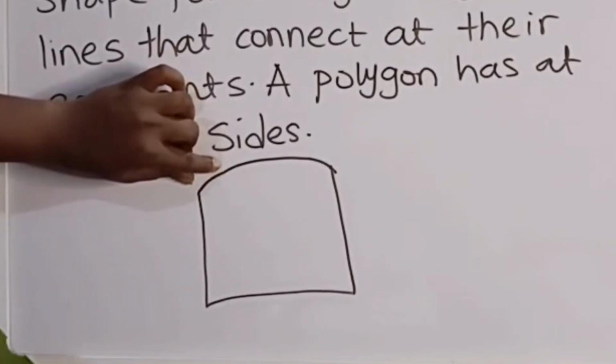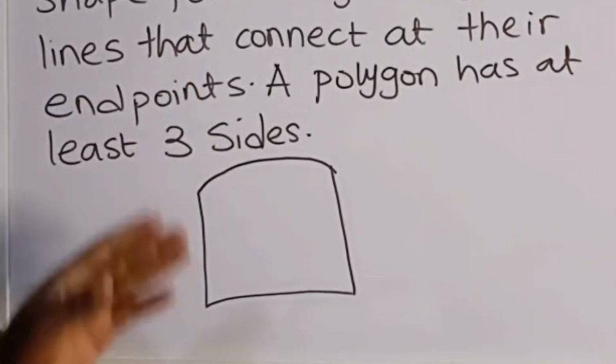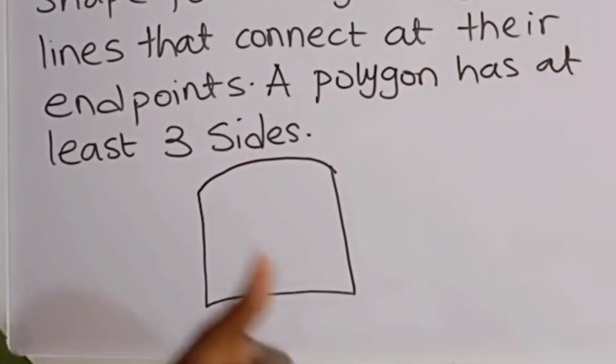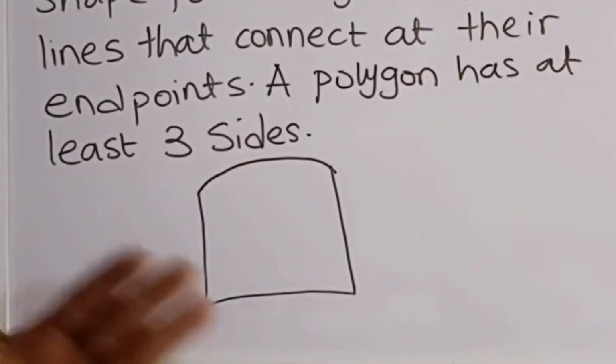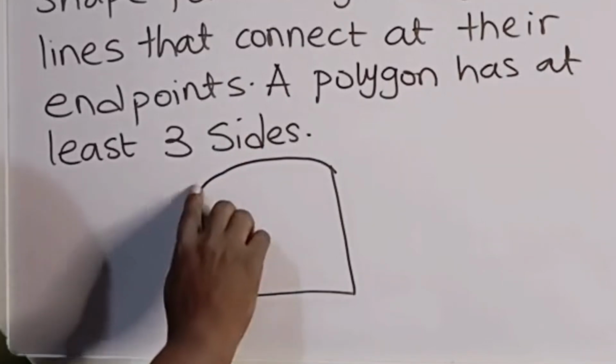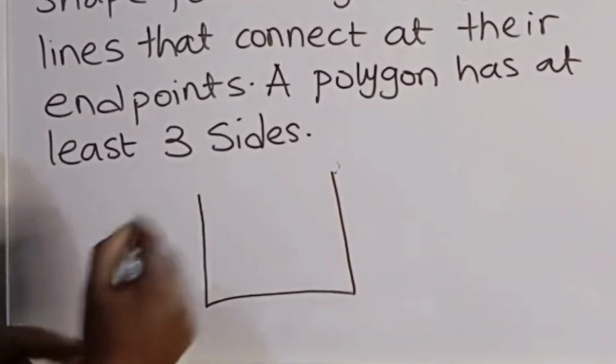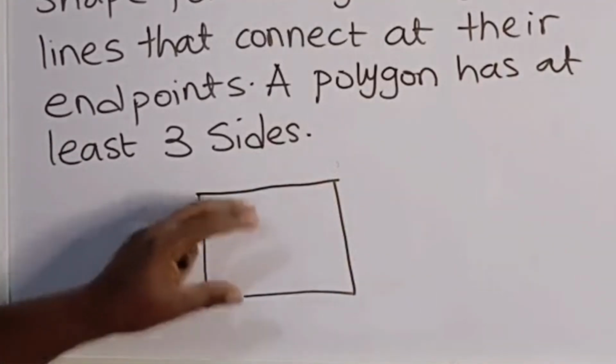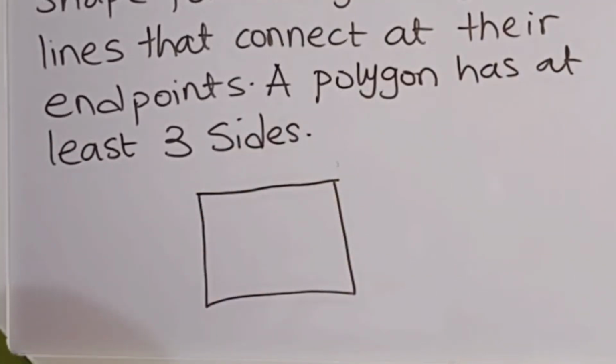The presence of this curved line disqualifies this shape from being called a polygon. For a shape to be called a polygon, first, it must be a closed shape. Second, it should be formed by straight lines. So instead of having this curved line, we should have a straight line.